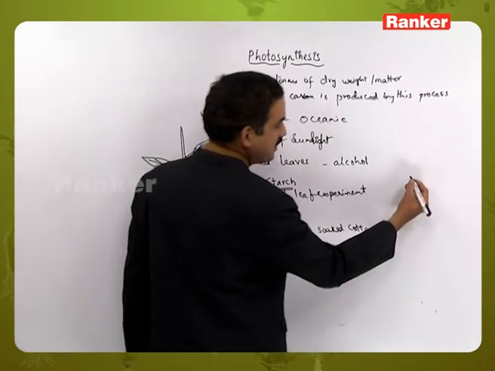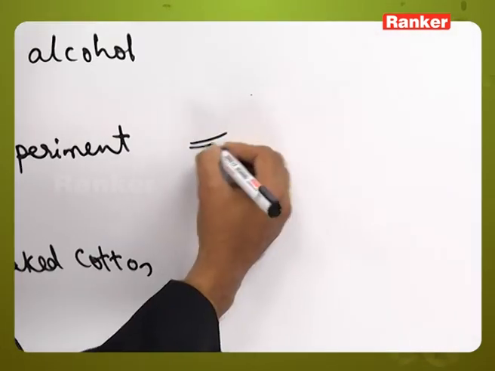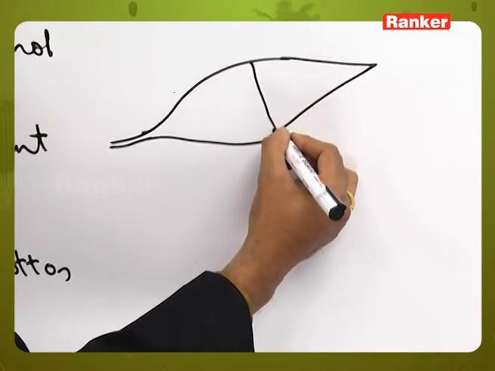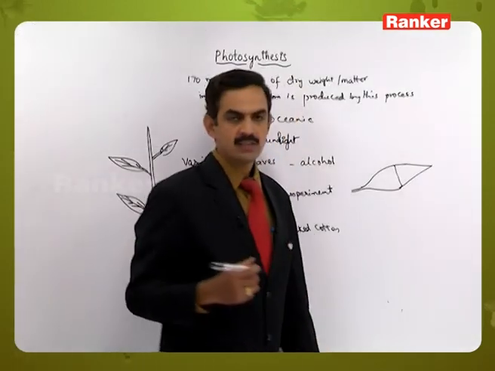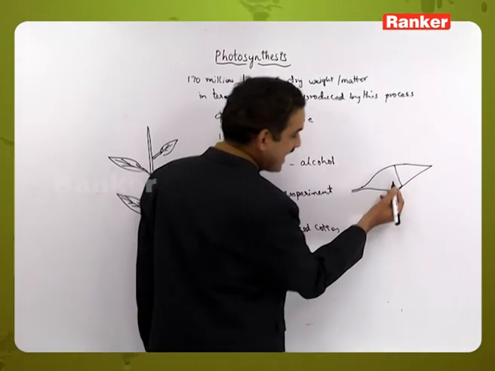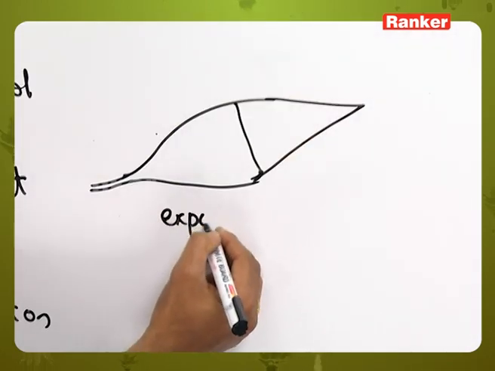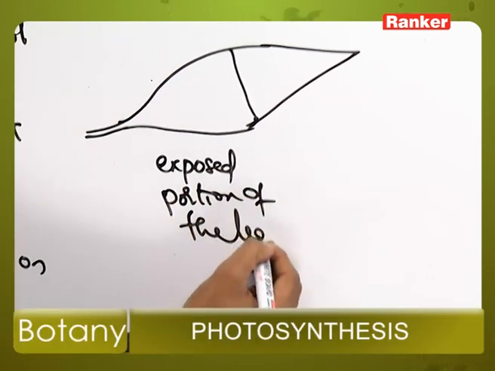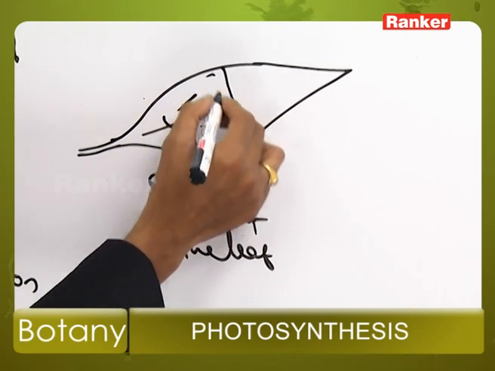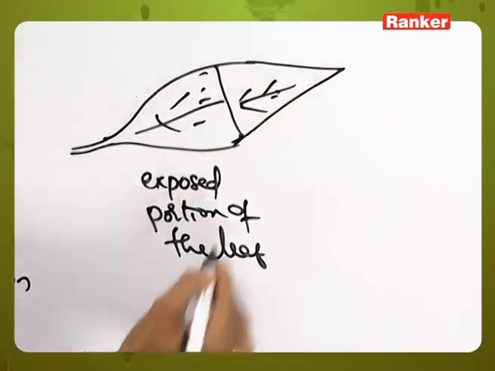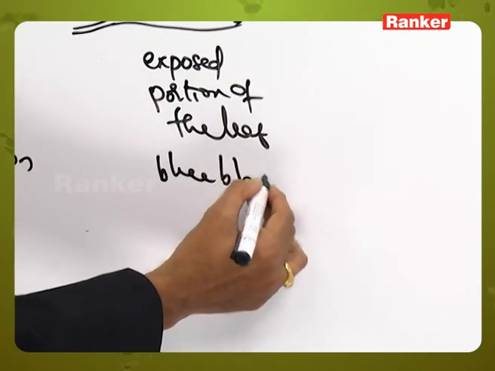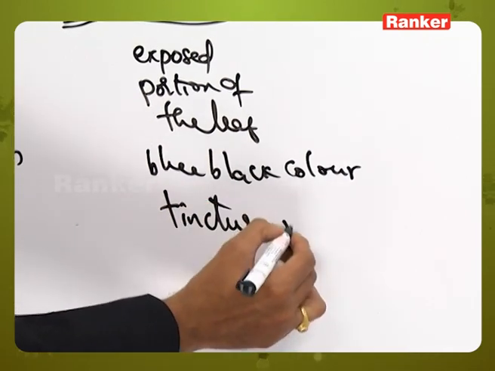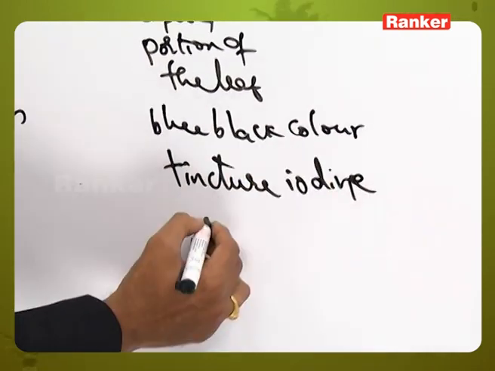The part of the leaf which was inside the bottle did not convert into blue-black color, whereas only the exposed portion of the leaf was converted into blue-black color by using tincture iodine. That is the test for starch.